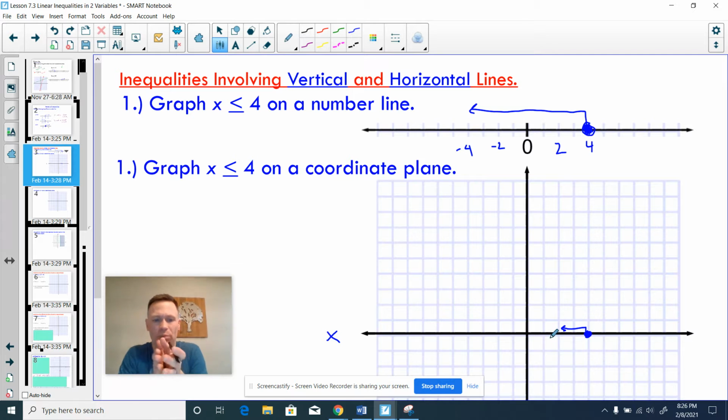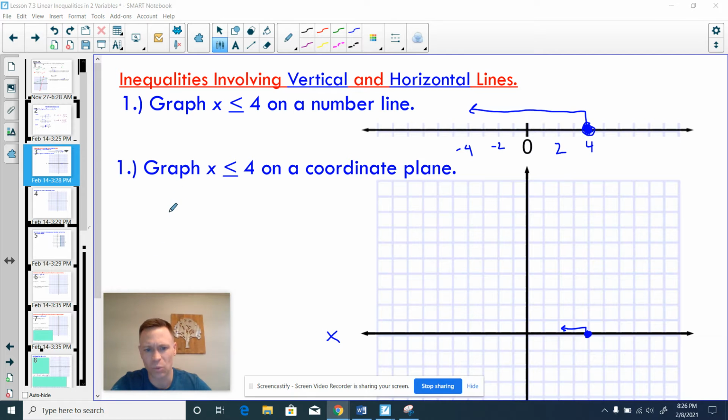But in the coordinate plane, we don't just have a number line going left to right. We have stuff going up and down, right? We have a two-dimensional plane rather than a single-dimension number line. So we have to consider what the y values might be. So let's go back to something that we should remember, and that is, what does a vertical line look like? Because this is really kind of like a vertical line.